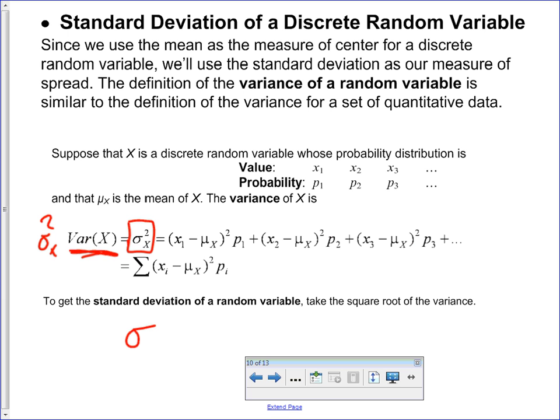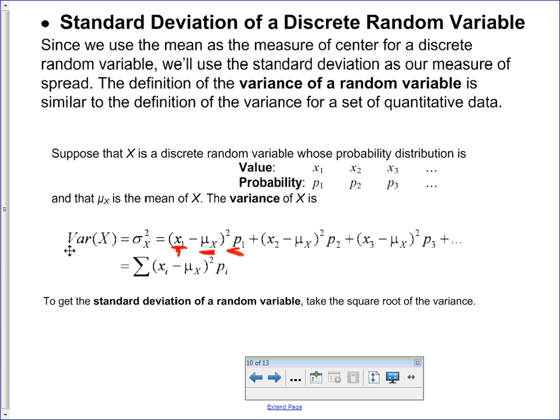So the square root of the variance will be the standard deviation. So what we have to do is for each one, it's like before, but instead of multiplying it by x sub i, we're going to multiply it by x sub i minus the mean, and then multiply it by p sub i.